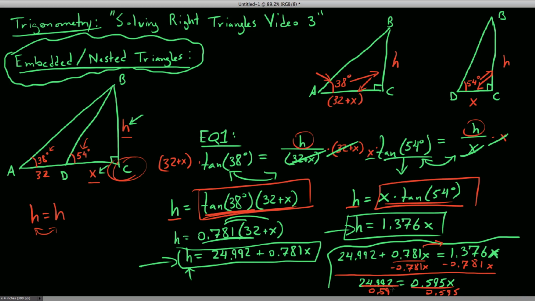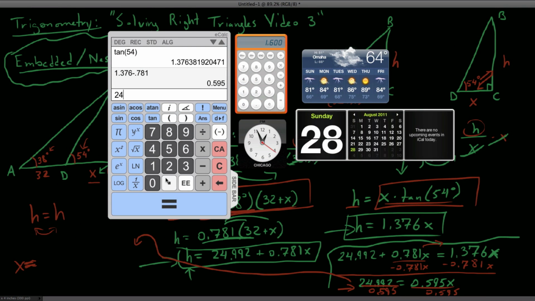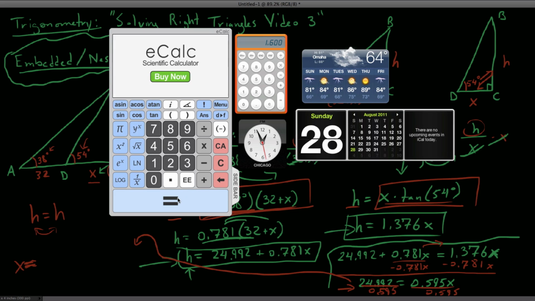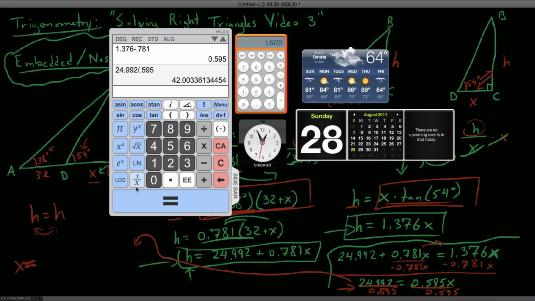I'm really trying to squeeze this in here. But we should have x then, so I'll transplant our answer over here. x is approximately equal to 24.992 divided by 0.595, and we earn a value of 42.003.